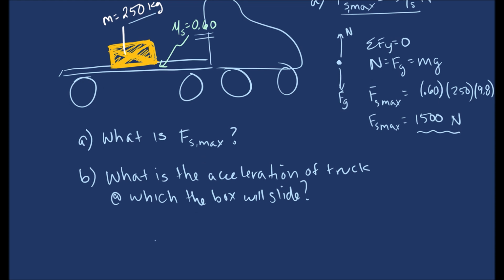Well, if we look in our x direction, let's say that the truck was accelerating this way. If it's moving this way, the force of static friction is going to bring that box with it until this static friction force reaches its maximum of 1,500 newtons.